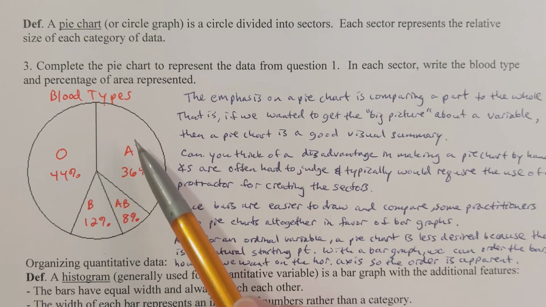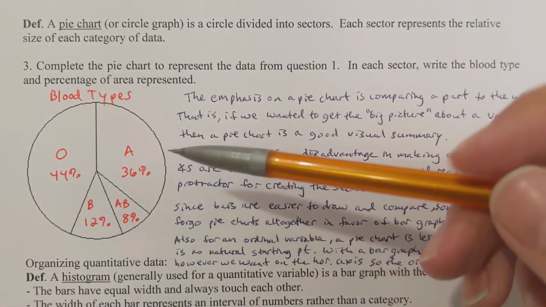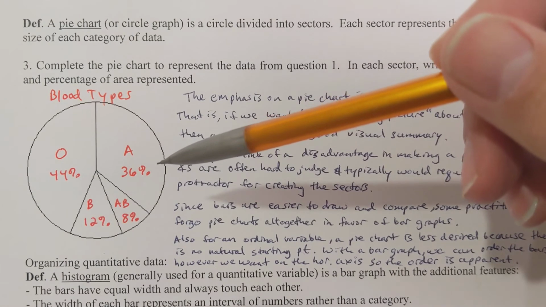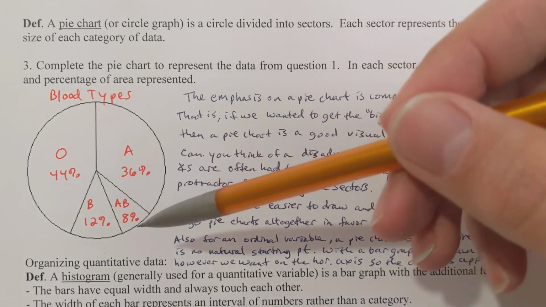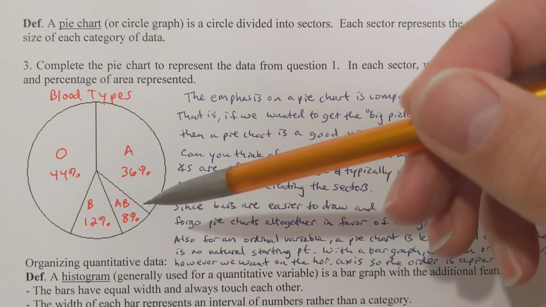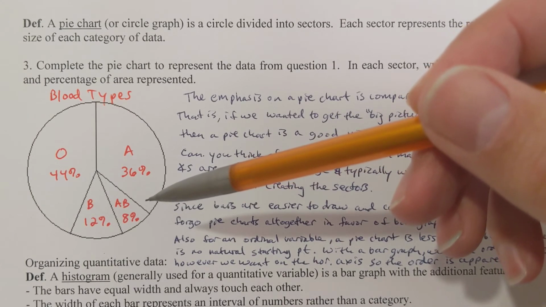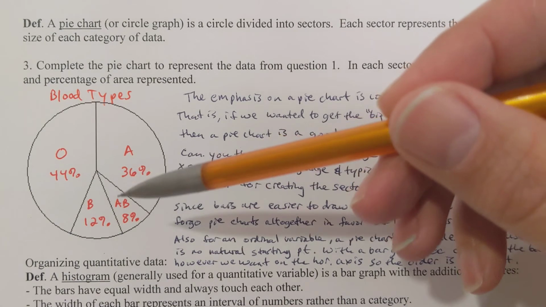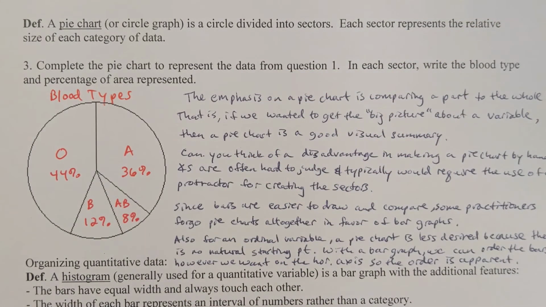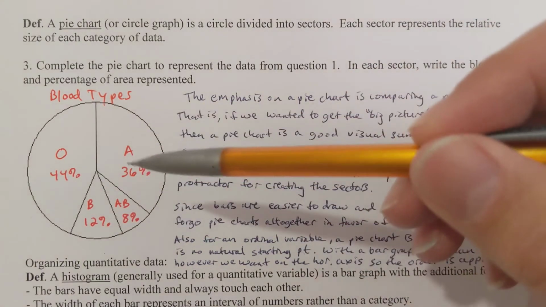The next biggest sector is for blood type A, so 36% had blood type A. The smallest sector is for people with blood type AB. Only 8% of the sample had blood type AB, and then the remaining sector would be for people with blood type B. 12% of the sample had blood type B. So this would be my completed pie chart.